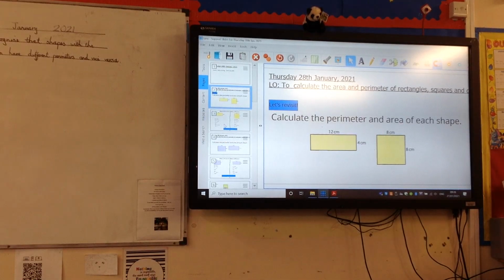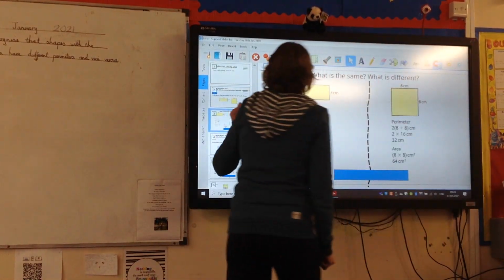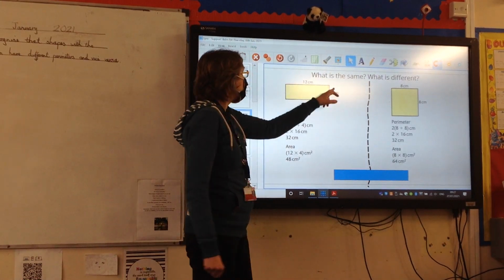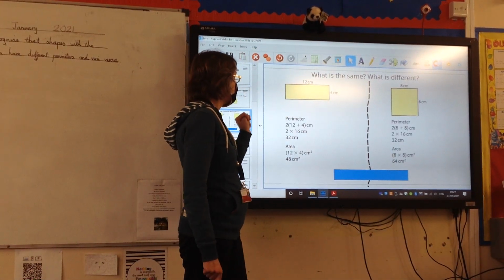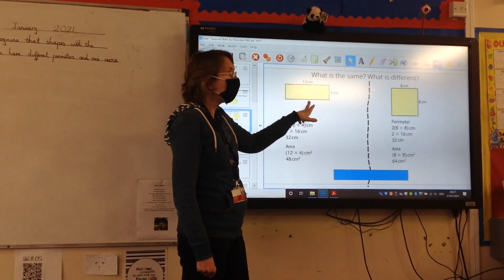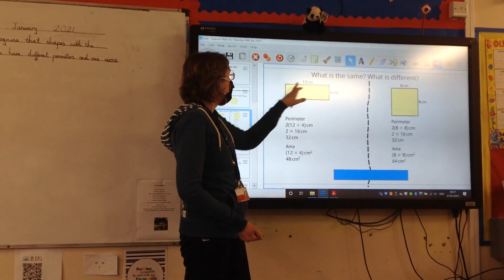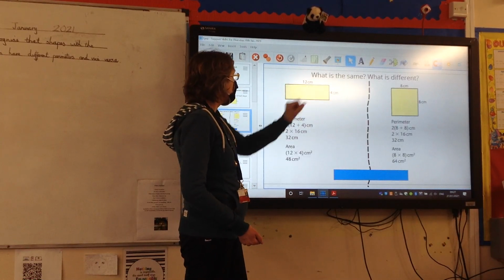And have a look at the slide. So, to find the perimeter, the distance all the way around the edge, there are different ways of doing it. You could think to yourself, that's 12, that's 12. Two 12s are 24. That's 4, so that was before. Two 4s are 8, and add them together.